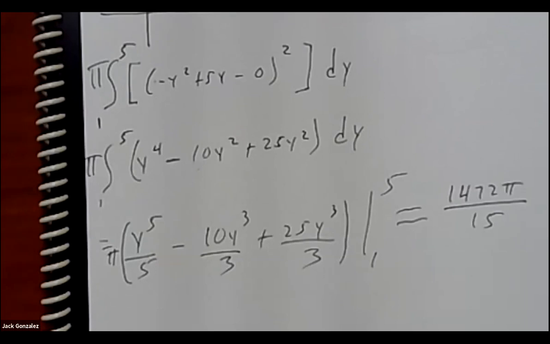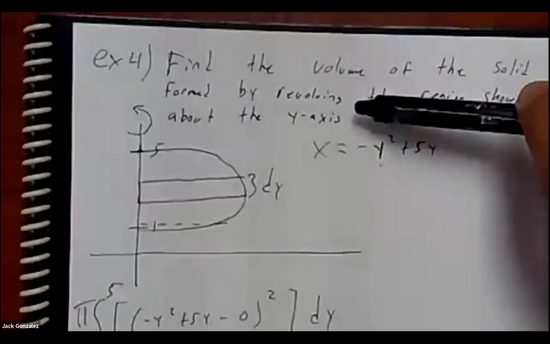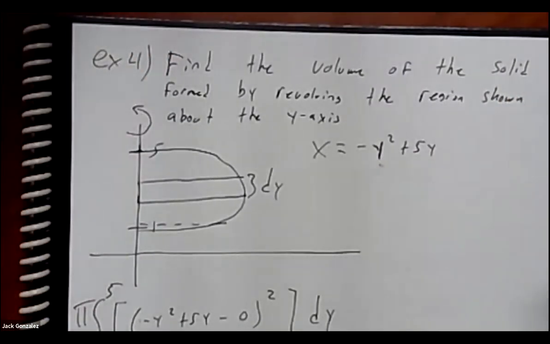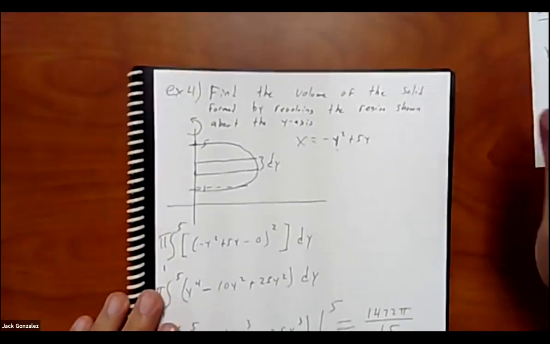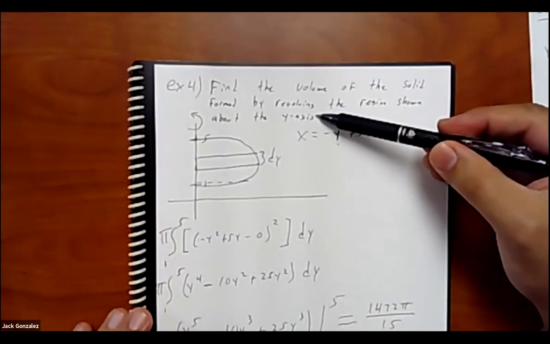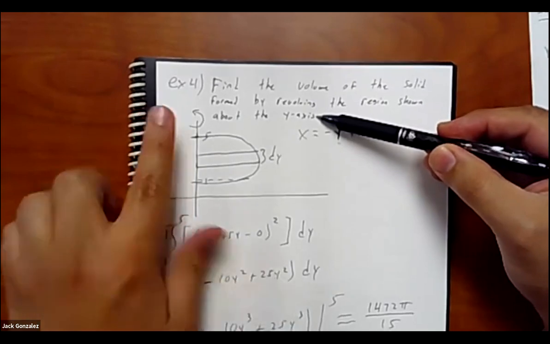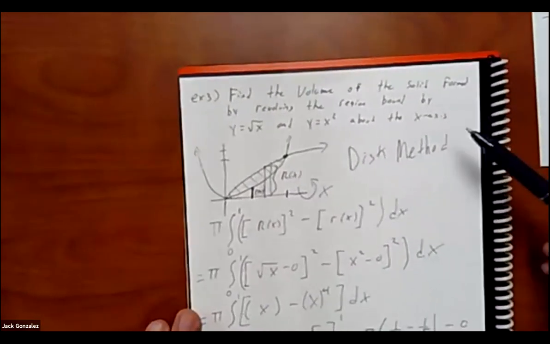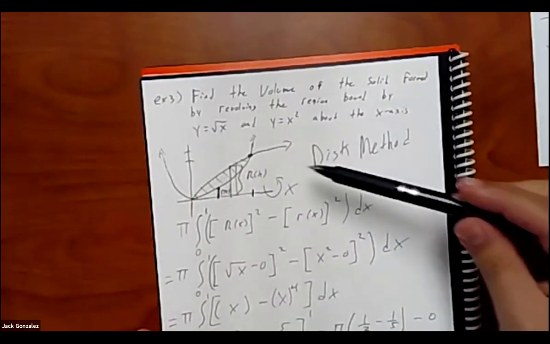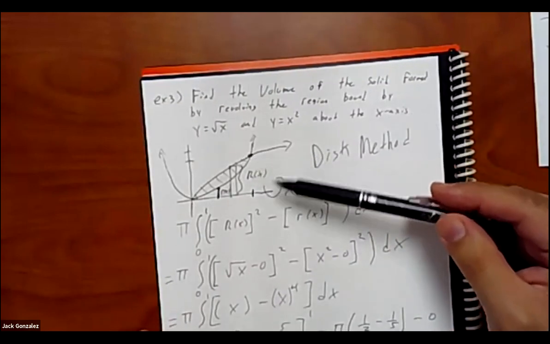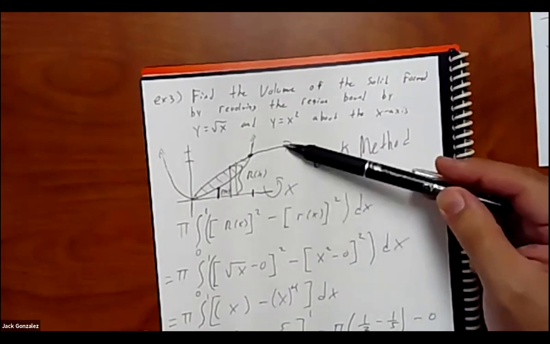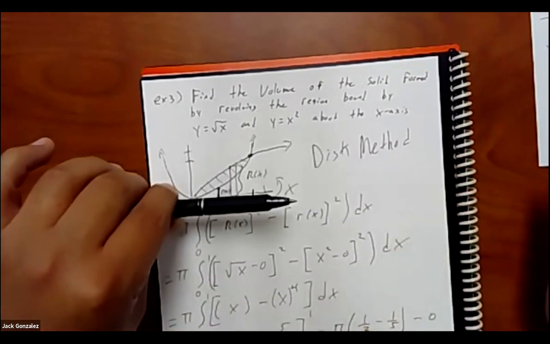So the slice will determine if it's dy or dx. So just pay attention. Where am I rotating? If they say rotate about the y, then I need to do parallel. If they say rotate about the x, then I'm going to be slicing perpendicular to that, right? Opposite.